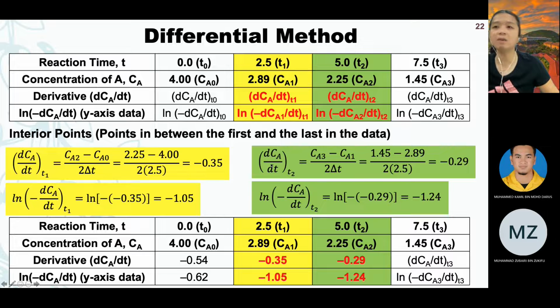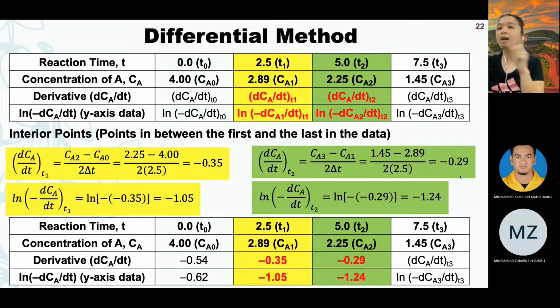You will get your dCA per dt for T2 as negative 0.29. So kamu nampak kan? Formula sama, tapi saya guna sequence concentration yang berlainan. So that's why nilai dCA per dt itu takkan sama sebab dia bergantung kepada bacaan kedua ke bacaan ketiga.